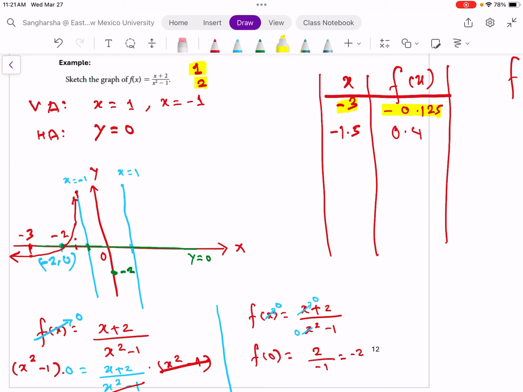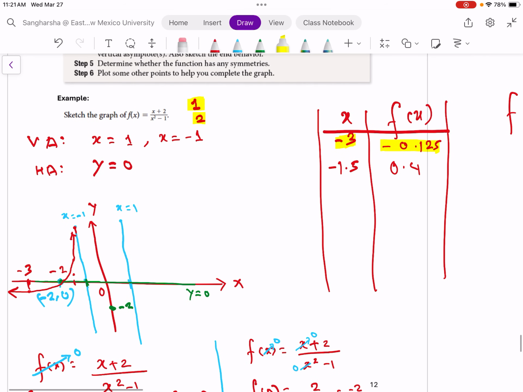Whenever you have a horizontal asymptote, when you choose your input to be very small or very large, your output is very close to 0 in this case. Let's choose -100. When you choose x equals -100, your output is very close to 0.